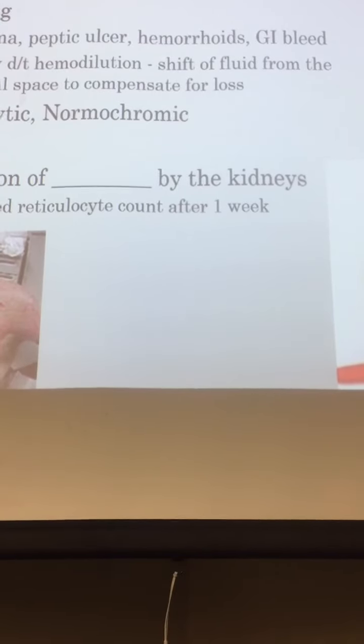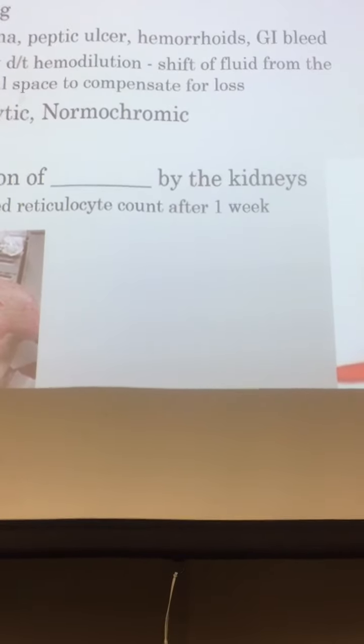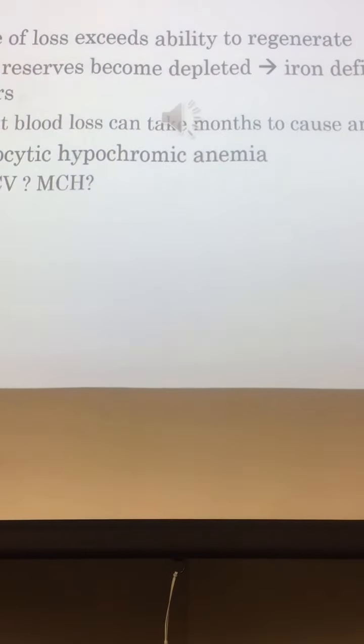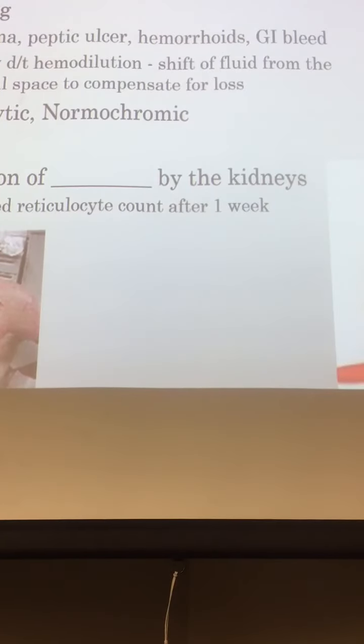So normocytic, normochromic. A lot of people aren't looking. If we have an acute blood loss, we're going to need to make more blood, right? What hormone is going to kick in to make more blood?